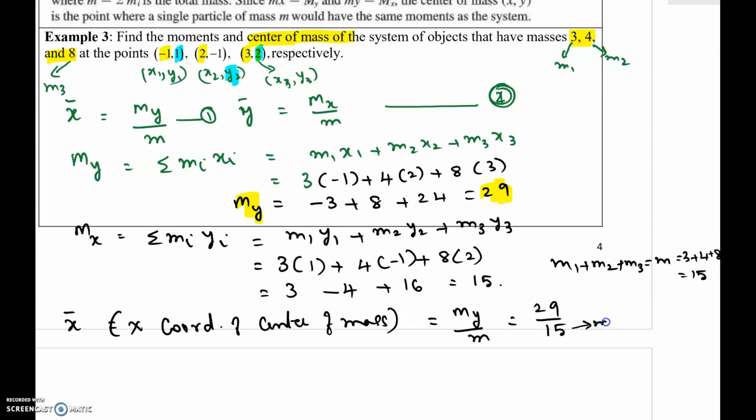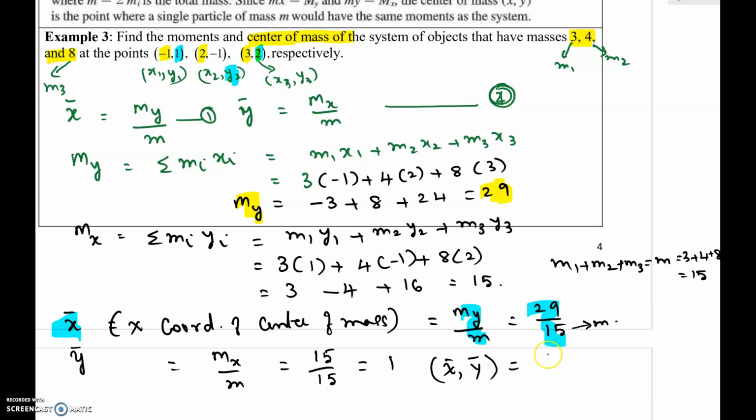So this is our total mass. That is the x coordinate, and the y coordinate of the center of mass is Mx over M. Mx, from what we found, is 15, and the total mass is 15, so that is equal to 1. So the center of mass as an ordered pair is (29/15, 1). Hope this video helps.